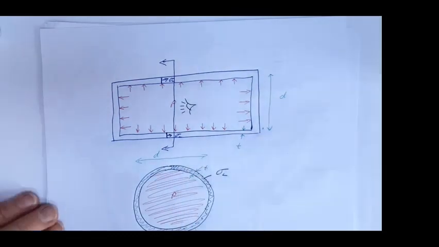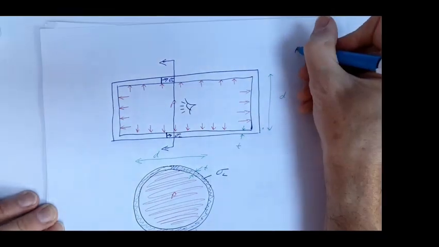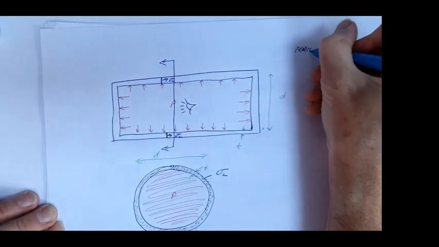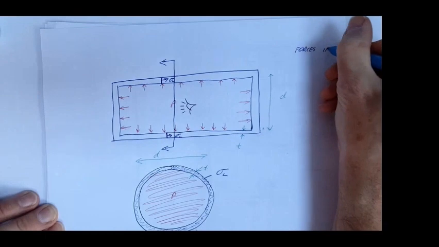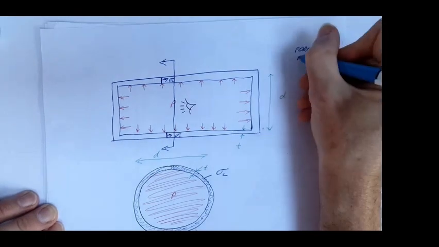Okay, so we're going to do the same thing. We're going to consider the forces acting into the page being equal to the forces acting out of the page. So let's do that. So the forces into the page.